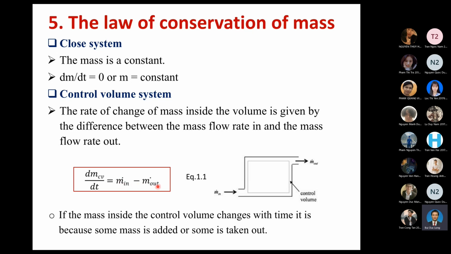So you can see the difference between the closed system and the open system. In a closed system, dm/dt is 0, but for a control or open system, dm/dt will equal delta m.